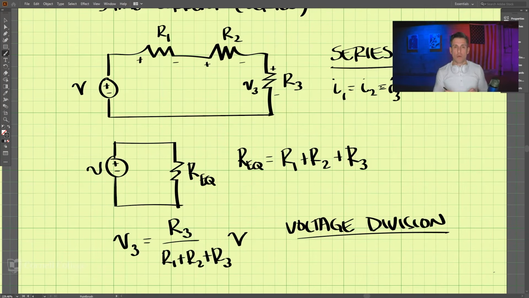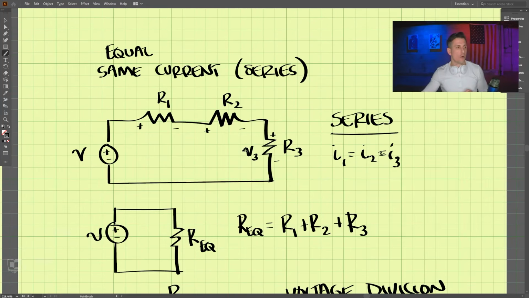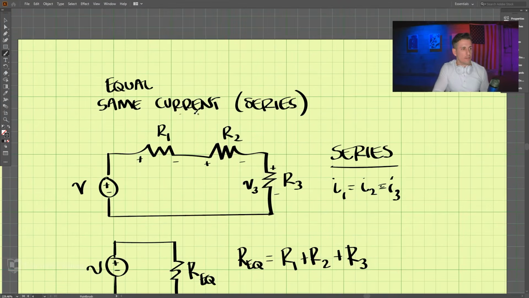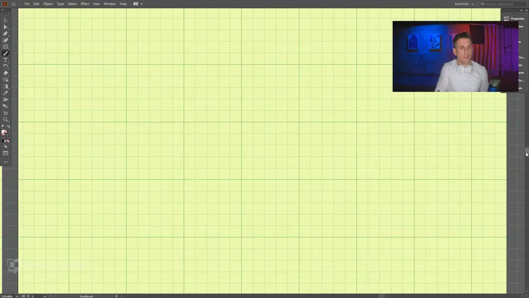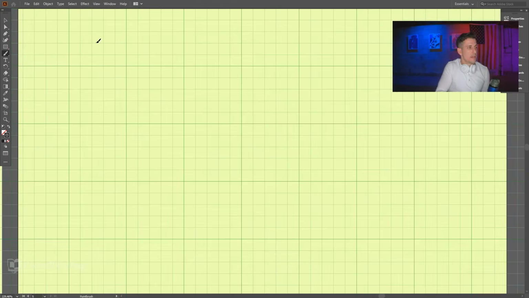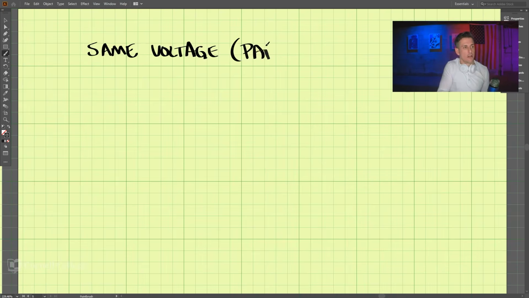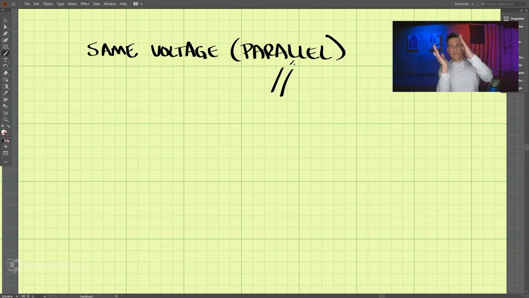Now let's talk about parallel. So here we said equal current through resistors means series. Now we're going to talk about parallel. Parallel means same voltage or equal voltage. And parallel can be written as two lines like this, meaning parallel lines.